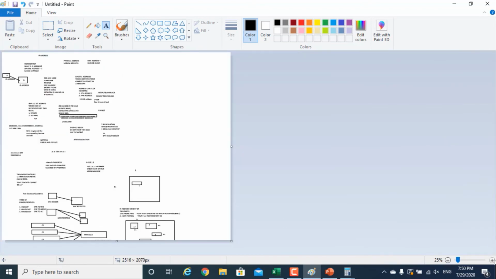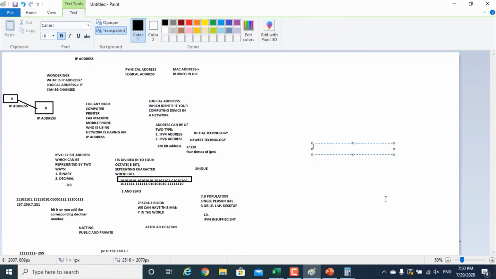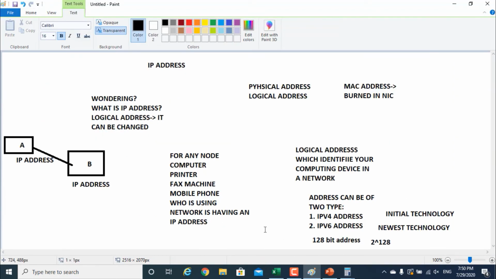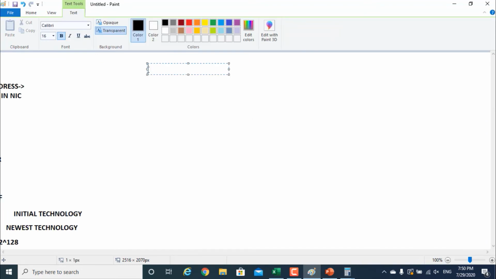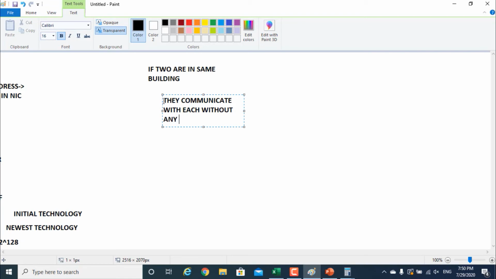If I am talking non-technically, if 2 flats are in the same building, then they can communicate with each other without any type of configuration.